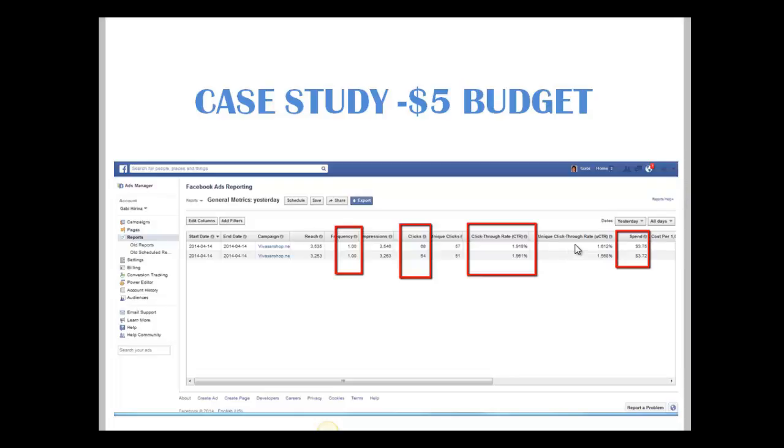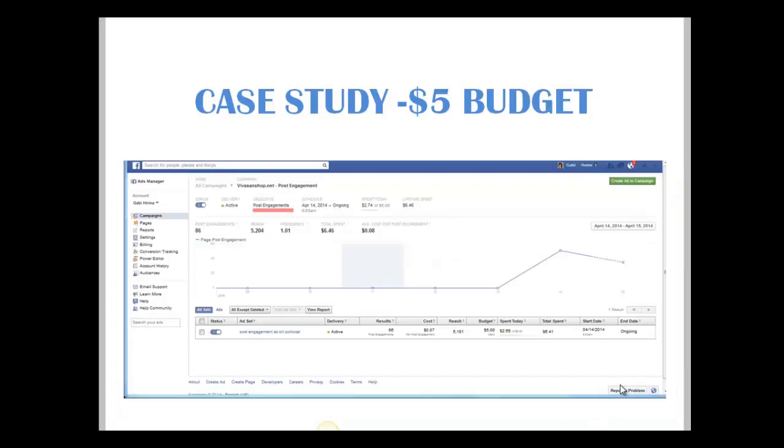Okay, then we have a unique click-through rate of 1.6 and the other one 1.5, and then a total of $3.75 for one and $3.72 for the other one.